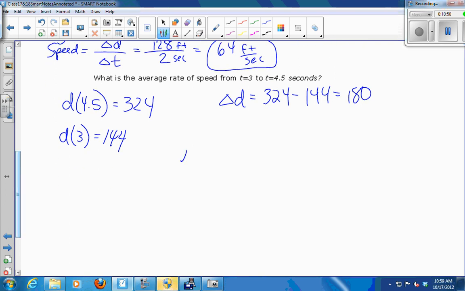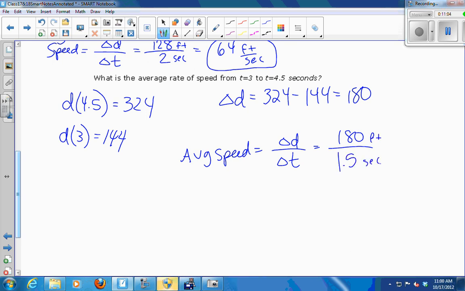And so to calculate average speed, I'm going to calculate change in d over change in t. 180 over, what's my change in time? 1.5 seconds. So this is feet, seconds. So what does that come out to? 120 feet per second. So you see that's much faster than the average speed from 1 second to 3 seconds.